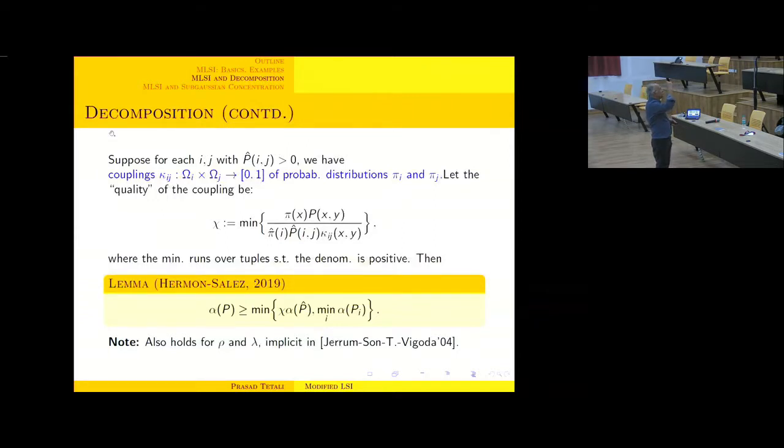The key is to replace the projection entropy term by the Dirichlet form, and then expand it using convexity. There we had a bijection. Instead, they use this coupling kappa ij to do that. That's the only difference. They use kappa ij to make use of convexity of this functional R of AB.